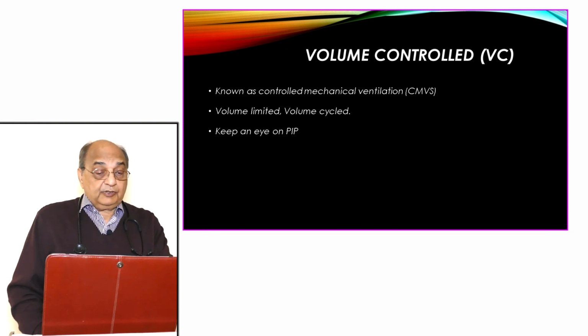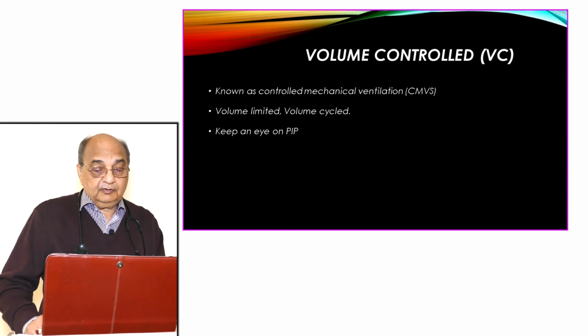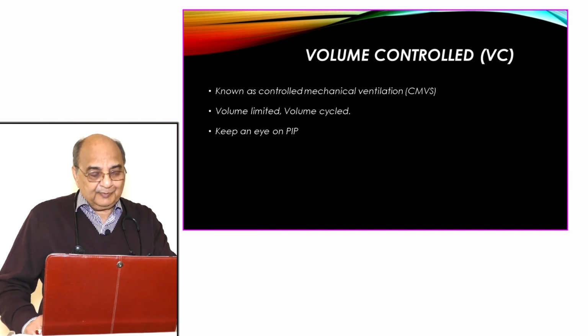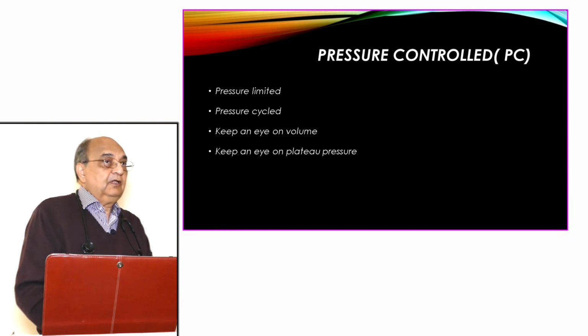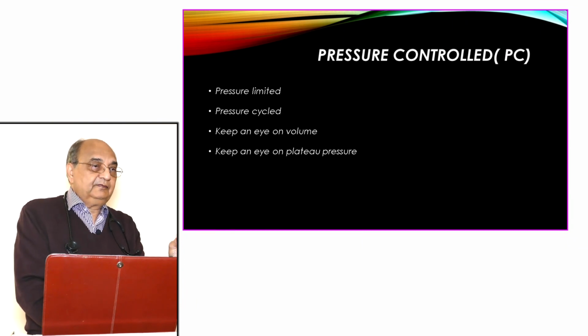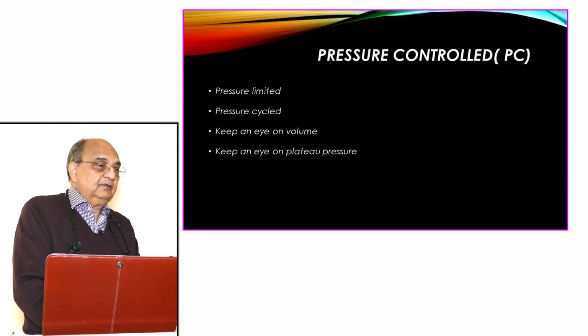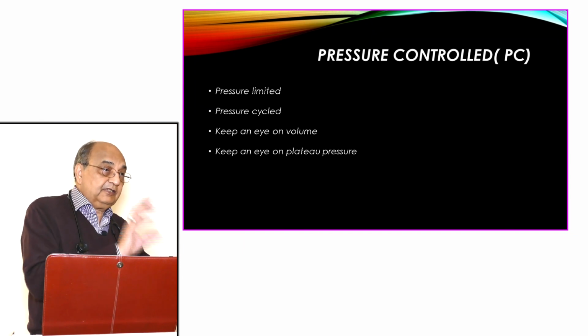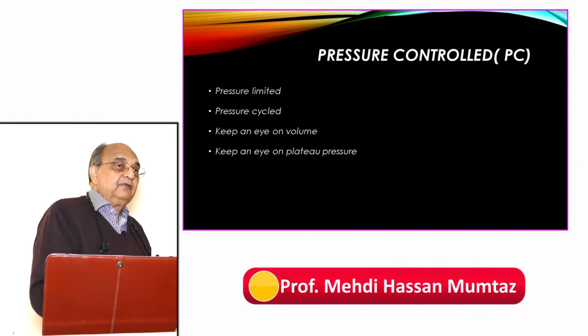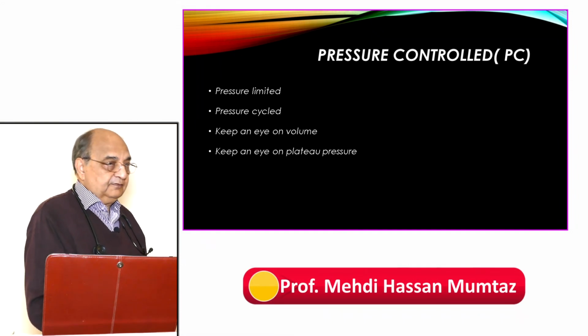Then when you give volume control, you look at the peak inspiratory pressure. When you give pressure control, you adjust a certain pressure. The parameter you look at is how much volume you get with this pressure. For example, you put on 15 centimeter water pressure.